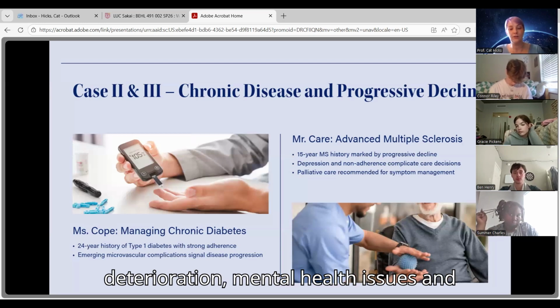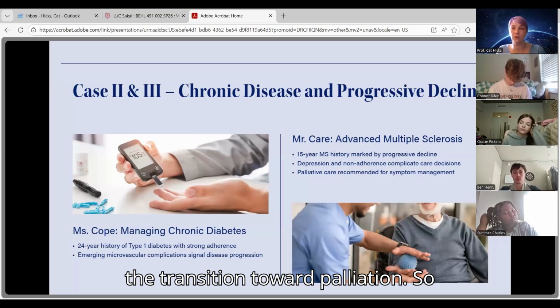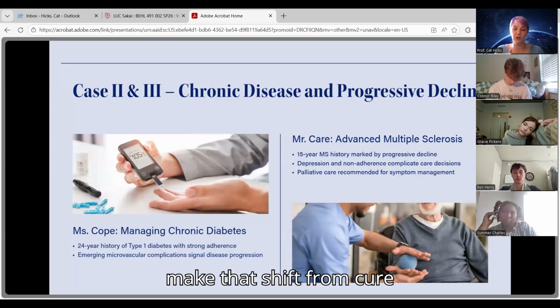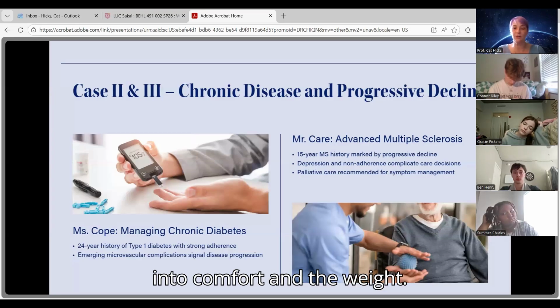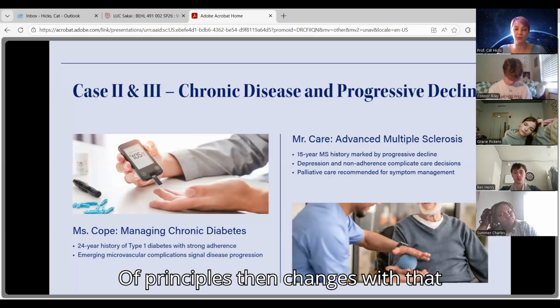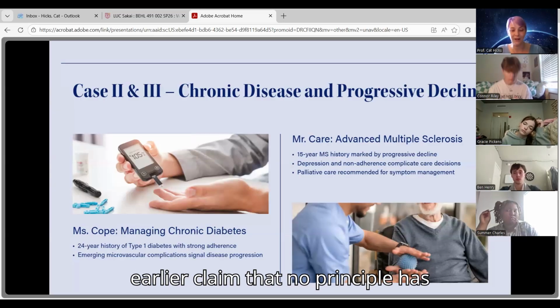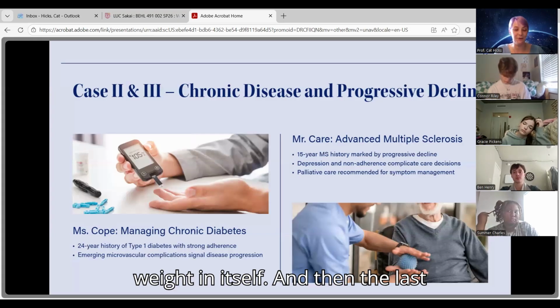Mr. Care introduces deterioration, mental health issues, and the transition toward palliation. So here, beneficence is going to make that shift from cure into comfort. And the weight of principles then changes with that prognosis. So that'll be echoing the earlier claim that no principle has weight in itself.